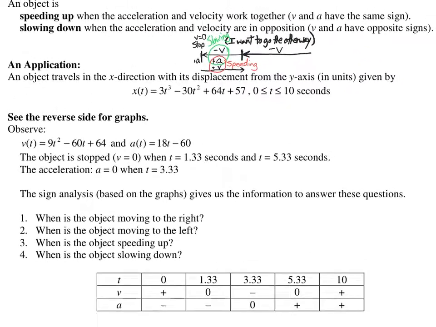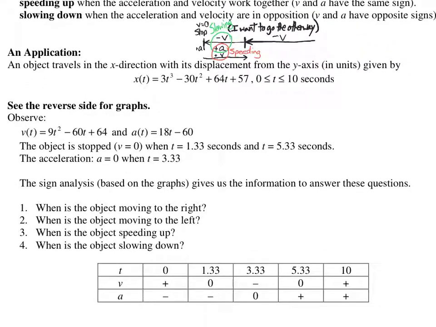So, let's look at this example real quickly here, and we'll see this in the table down below. We have this object that's traveling in the x direction, and its displacement is given by x of t equals 3t cubed minus 30t squared plus 64t plus 57. And we're looking at this from time 0 to time 10, so a 10-second window.